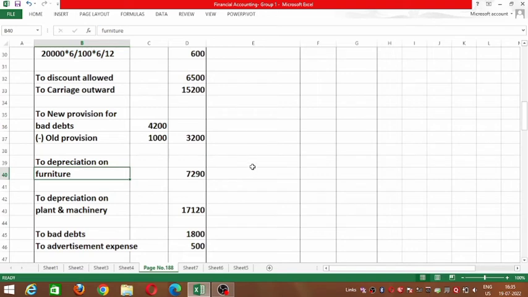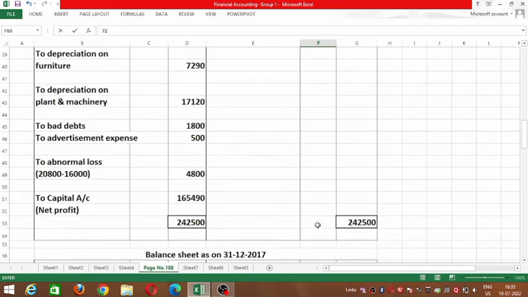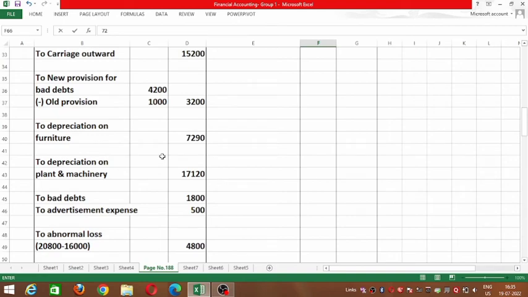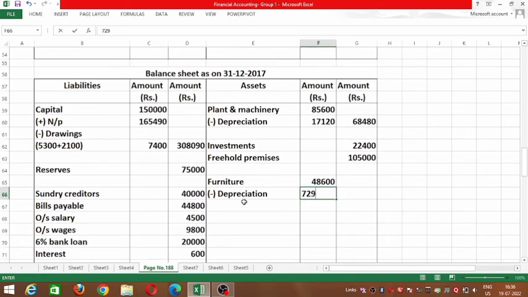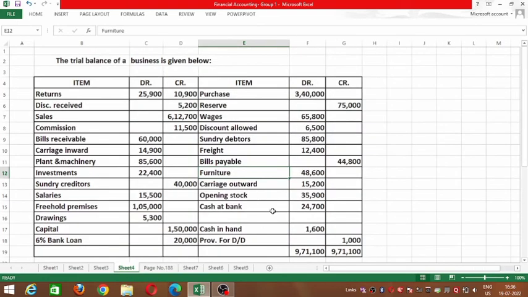Depreciation on furniture amount is 7,290, which is already debited to P&L account. All the long-term assets have been entered.